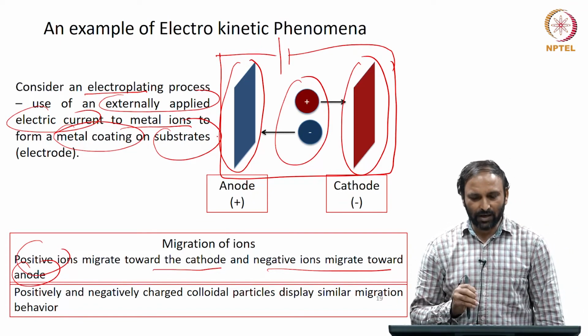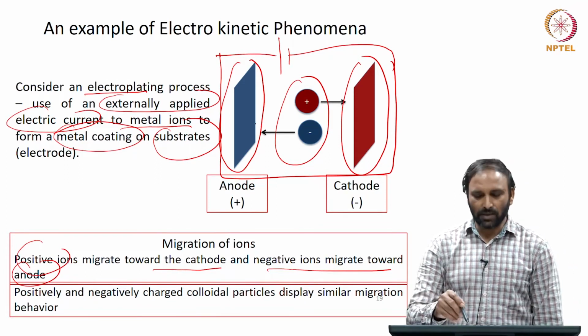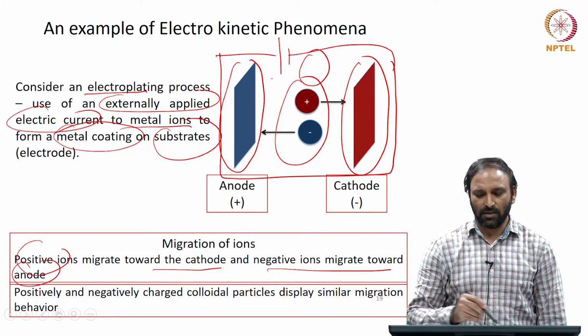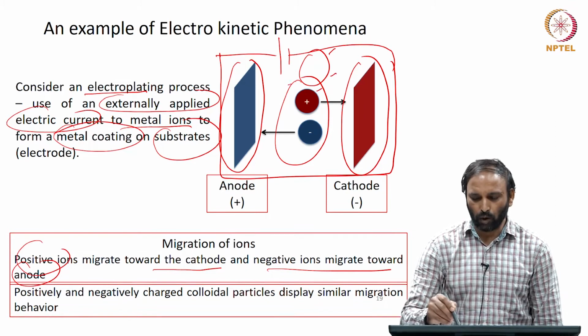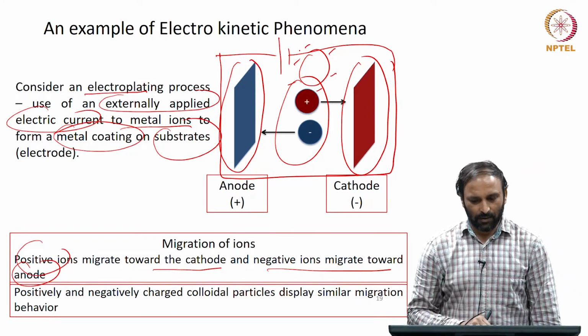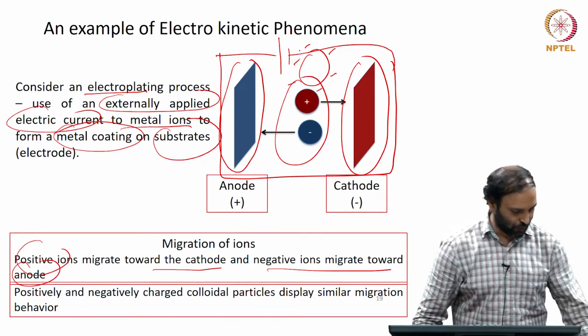Okay. In a similar way, instead of ions in the bath, if you have charged particles, these charged particles would also migrate, and we will discuss some of the phenomena associated with the charged particles in the next few slides.